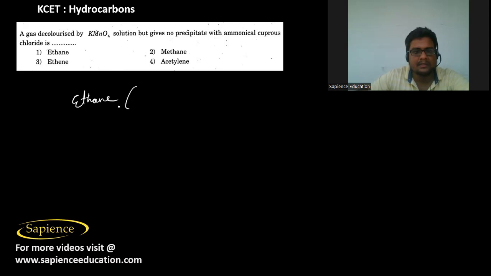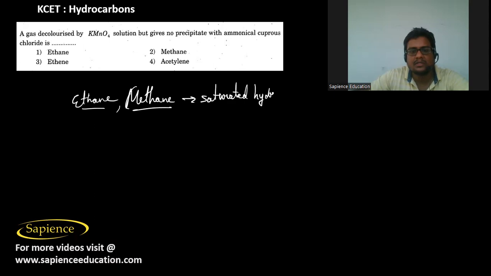Ethane and methane are saturated hydrocarbons, so they will not decolorize KMnO4, since only unsaturated hydrocarbons will decolorize KMnO4. So only ethene or acetylene can decolorize KMnO4.